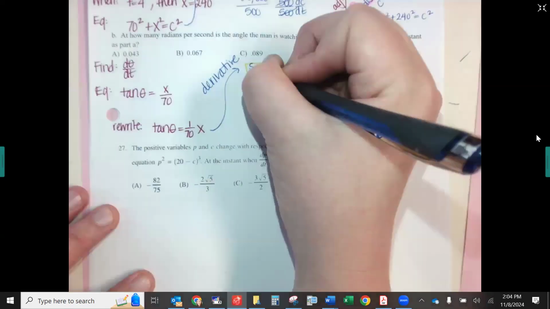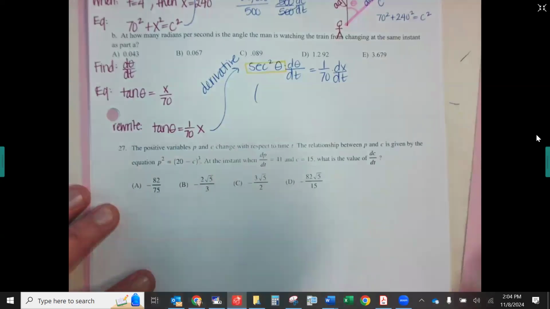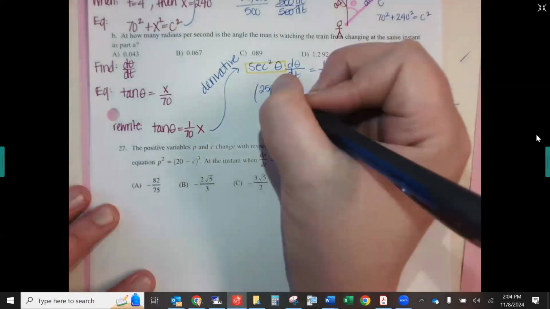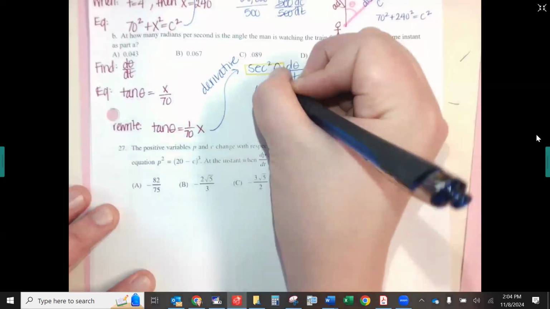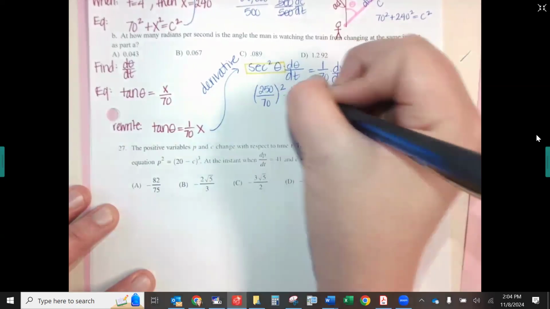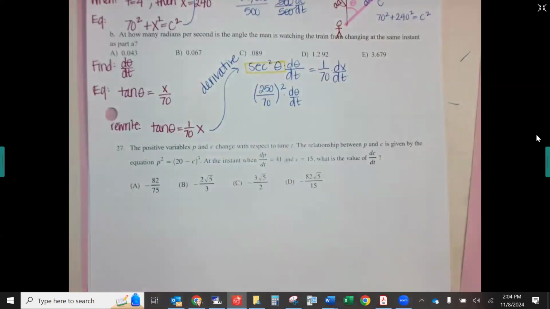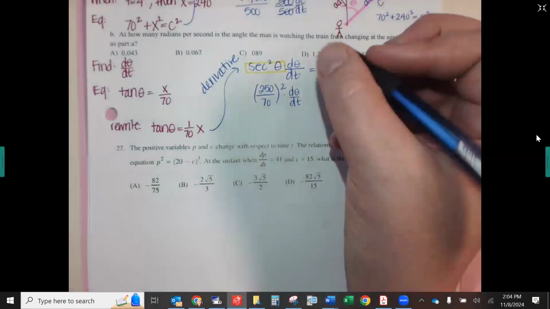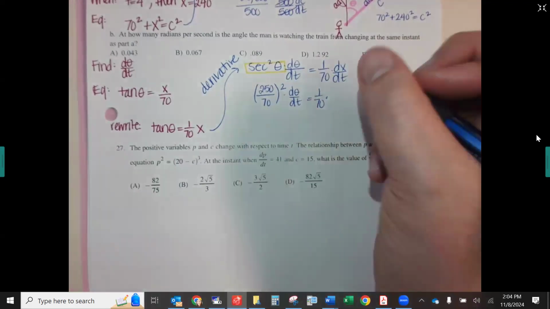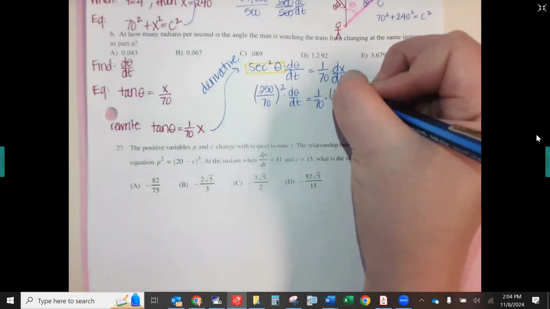Very good. So my h over a is going to be 250 is my h over 70. H and A is hypotenuse over adjacent in the original triangle. Then equals 1 over 70, and my dx dt is how fast the train was going.